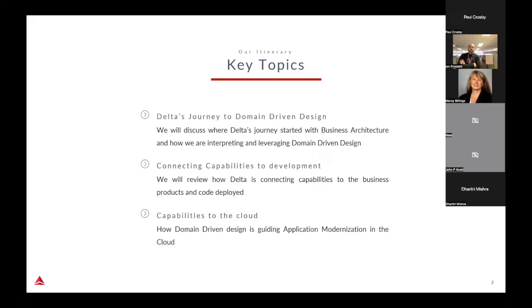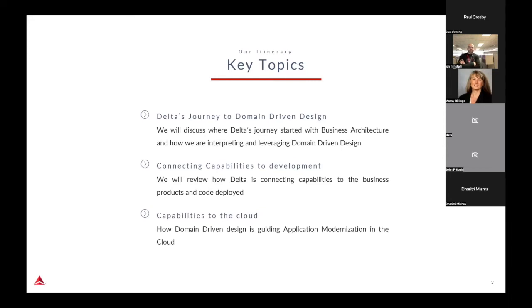So a little bit about what we're going to talk about today. First, we're going to talk through the journey that Delta has been on from a business architecture perspective. I really want to make sure that everybody has an understanding of how did we get here? Because we didn't just land in the destination of domain-driven design.